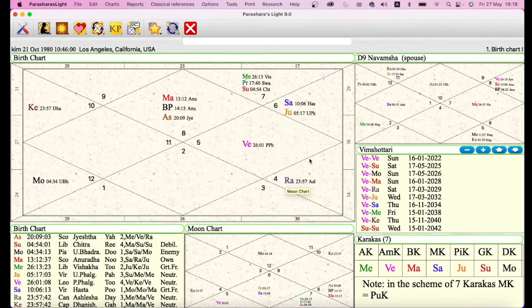So you know that the whole house is 30 degrees and Rahu is 24 degrees. So what is the distance between Rahu and the end of the house? It is only 6 degrees, because from 24 you need 6 more degrees in order to cross to another house. So here, from the 9th house, we have 6 degrees.